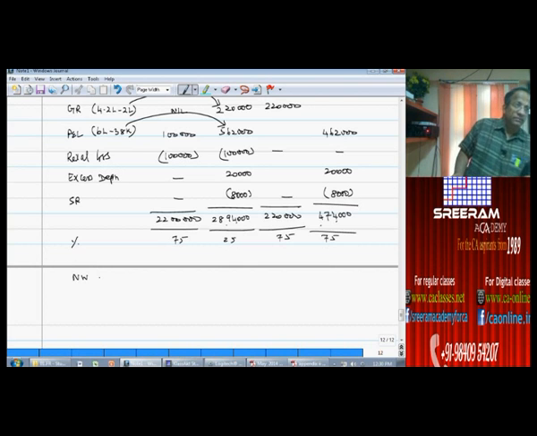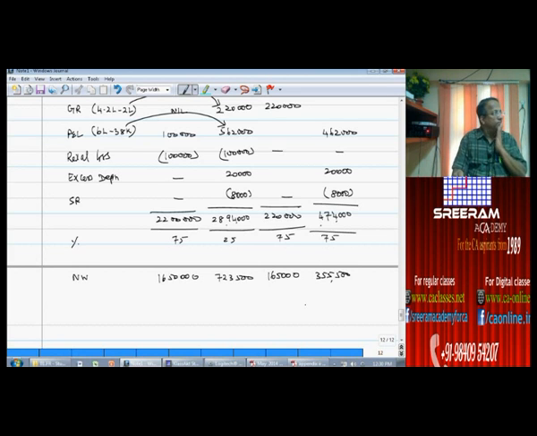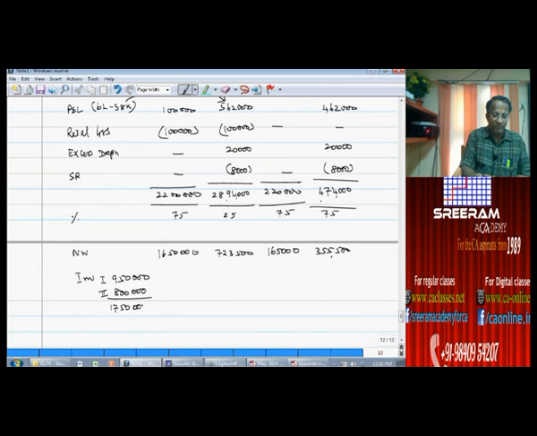Net worth. Investments. Lot 1 and Lot 2. 9,50,000, 8 lakhs, 17 lakhs 40,000.